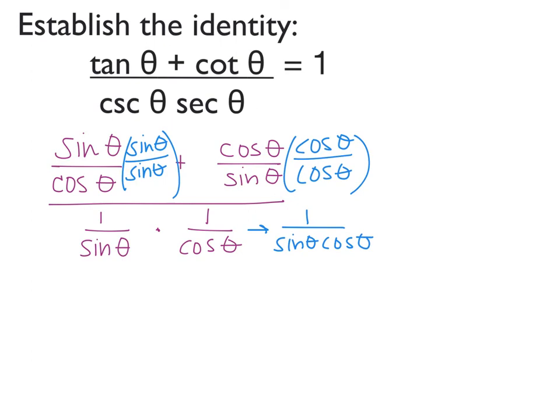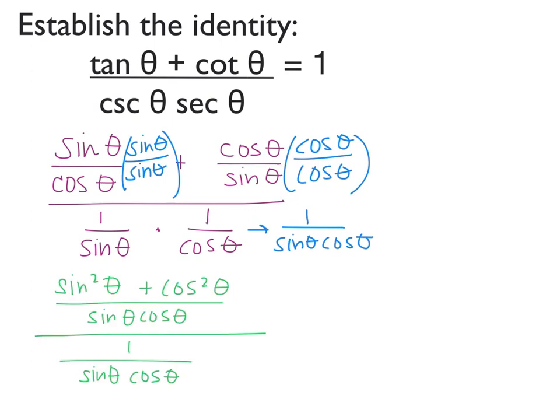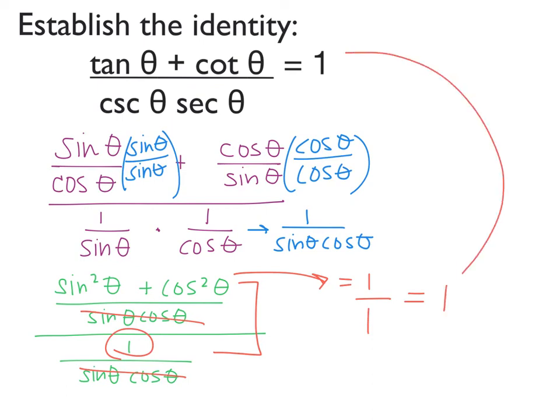So let's rewrite this. I get sine squared theta plus cosine squared theta all over sine theta cos theta, all over 1 over sine theta cos theta. The beautiful thing is that cancels, so I'm left with this over this, and this is a Pythagorean identity. That equals 1, and if that's all over 1, that's going to equal 1. So I've established the identity.